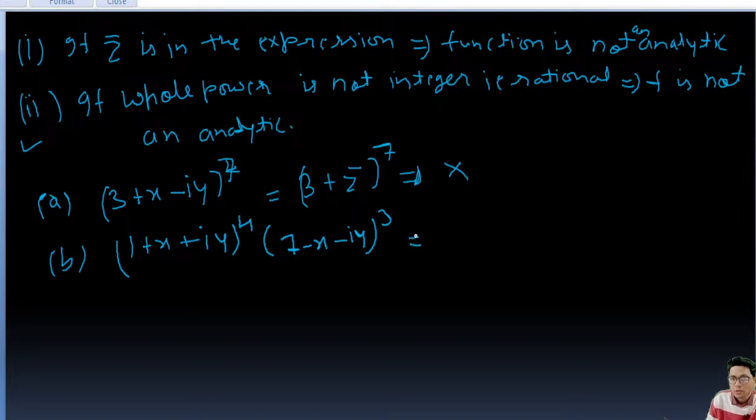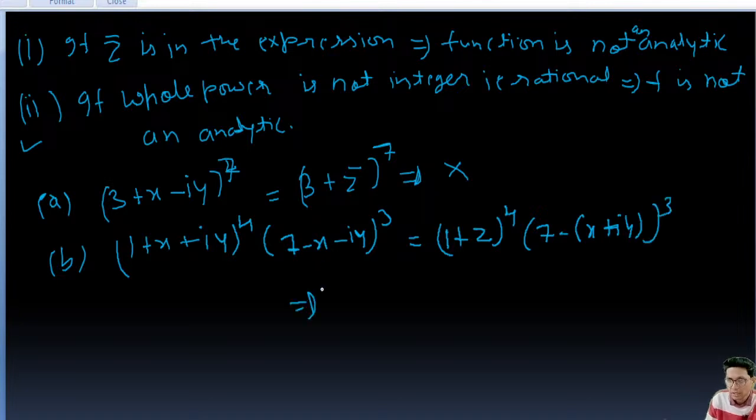Okay, so we can write 1 plus x plus iy as 1 plus z whole to the power 4, and here the minus sign from 7 minus we will take as common, so it is going to be x plus iy whole to the power 3, so it implies (1 plus z) to the power 4 into (7 minus z) to the power 3. So here we can see there is no z bar present in this expression, and also the whole power is not a rational number.